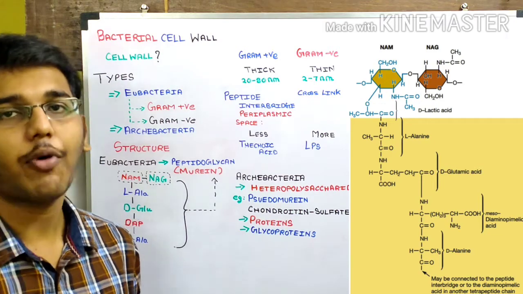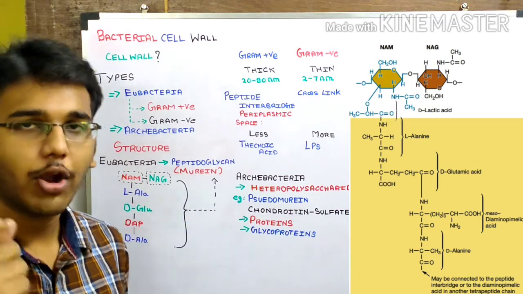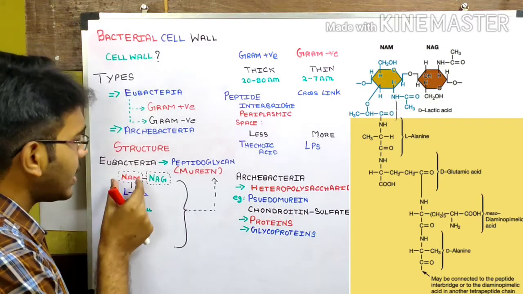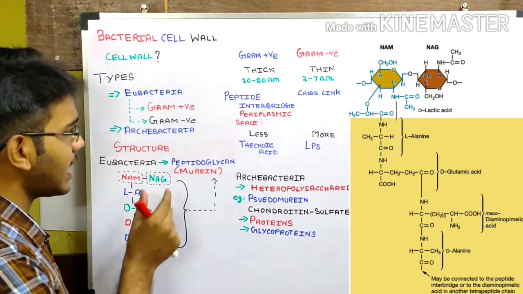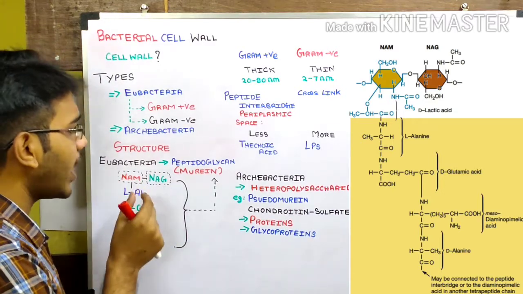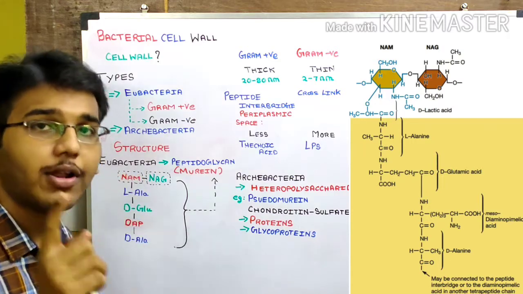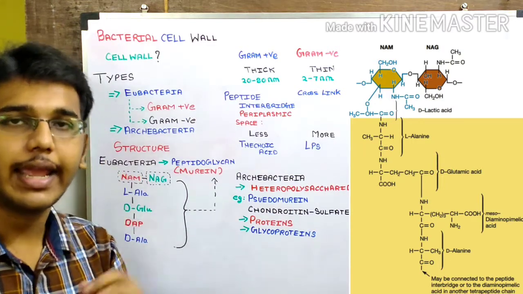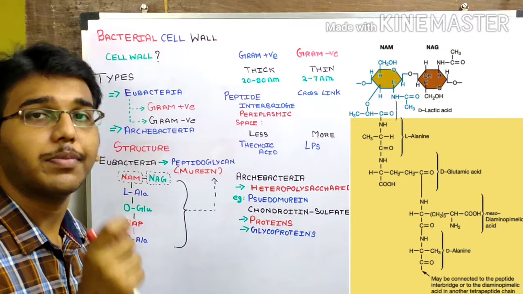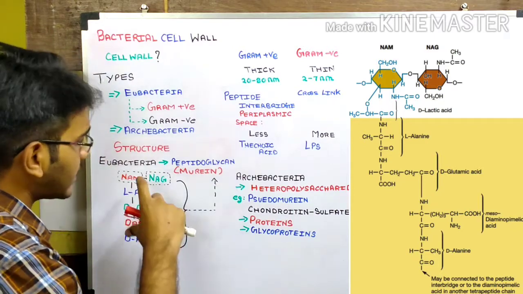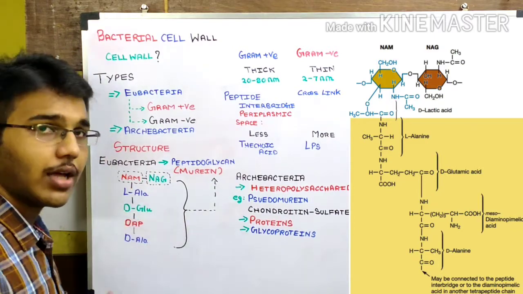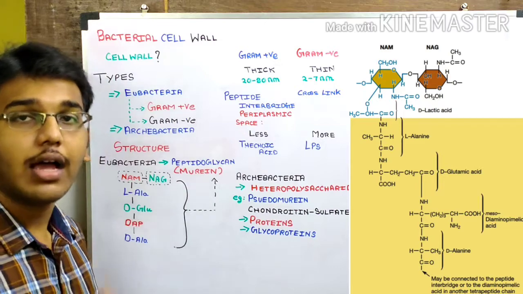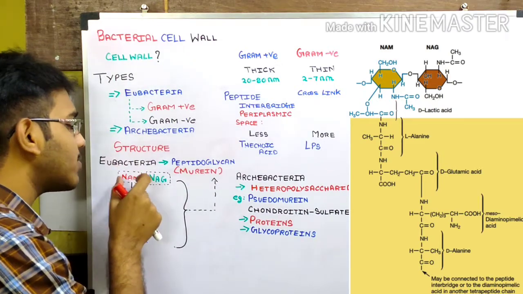The glycan part of the peptidoglycan molecule is made up of N-acetylmuramic acid and N-acetylglucosamine joined together by a 1,4 beta glycosidic linkage, and the peptide part is the tetrapeptide chain attached to the carboxyl group of the N-acetylmuramic acid molecule.